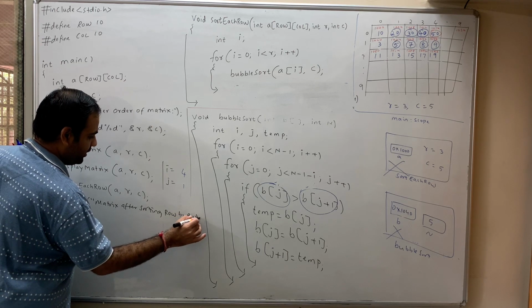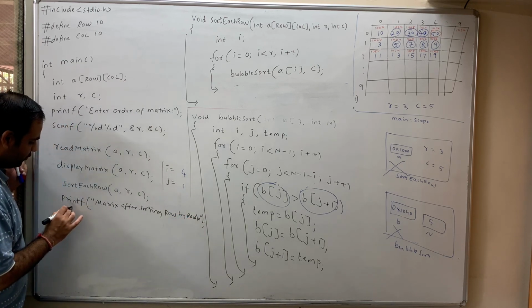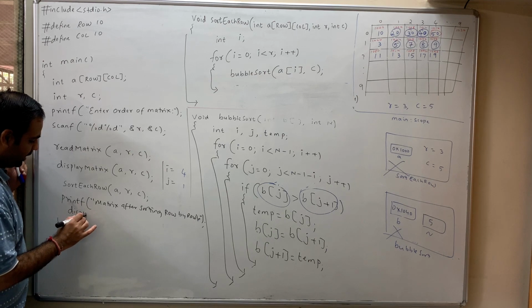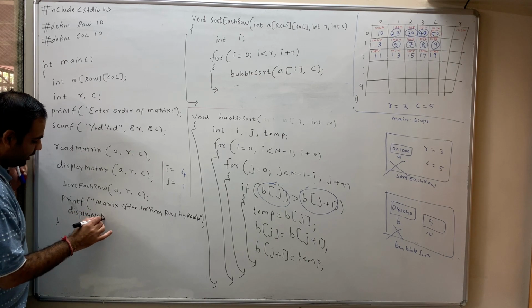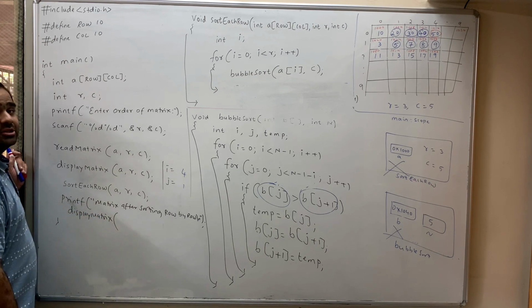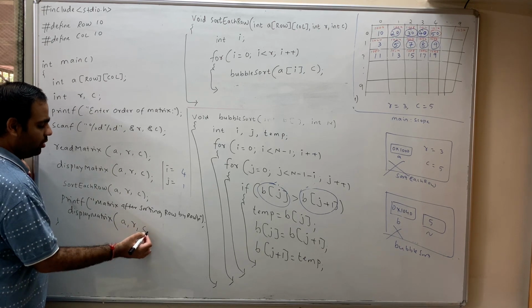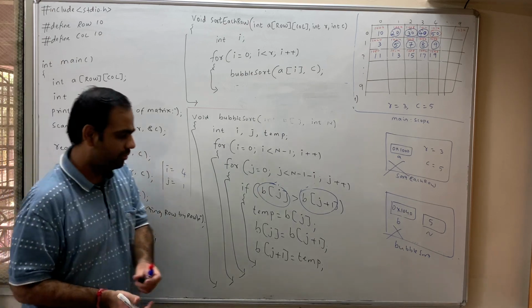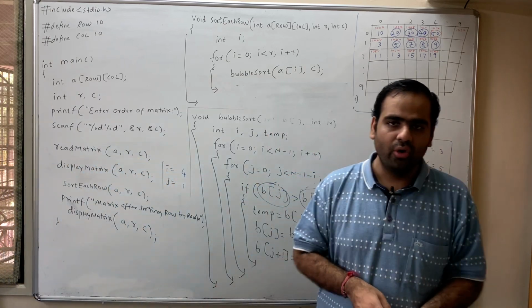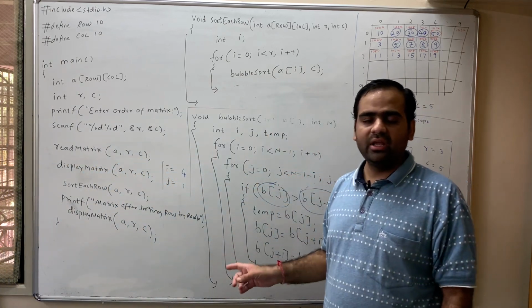How do you verify it? Which function do we call? We call the function display matrix. Which matrix do we want to display? A. How many rows are there? R. How many columns are there? C columns. And this completes the code for sorting each row of a matrix.